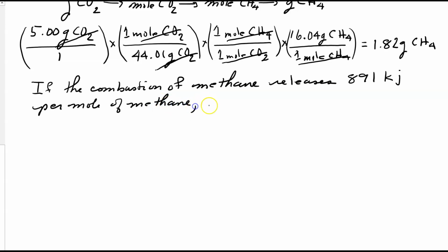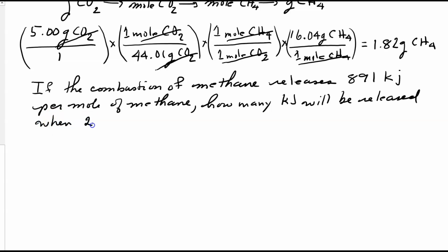How many kilojoules will be released when 20.0 grams of methane are reacted with oxygen?